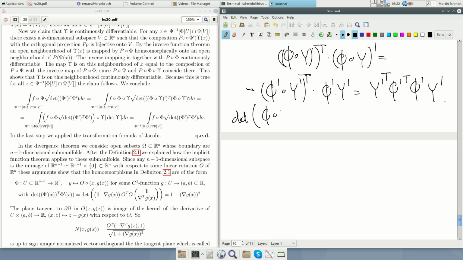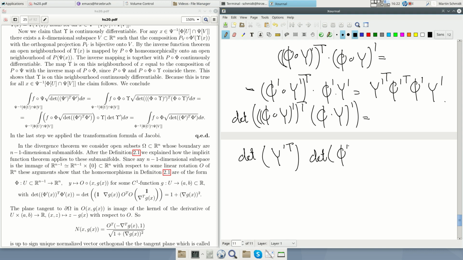It is the determinant of upsilon prime transposed, which is a k by k matrix, so we can pull it out, times the determinant of phi prime transposed phi prime.